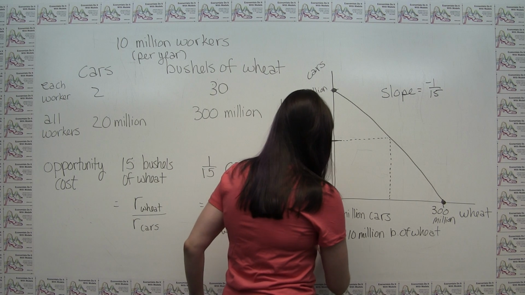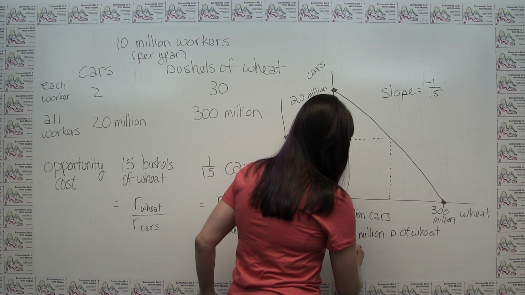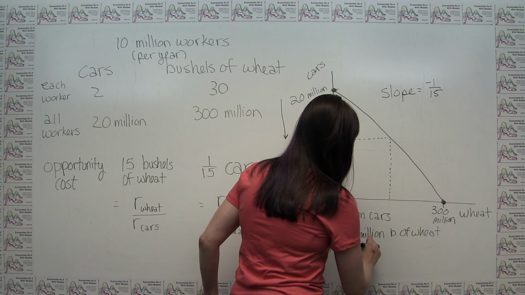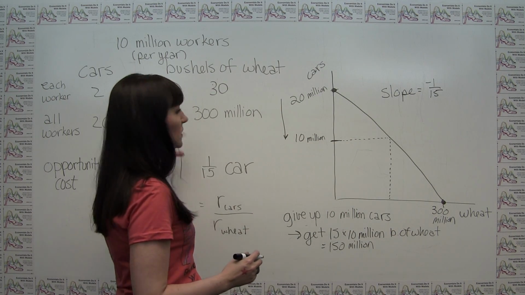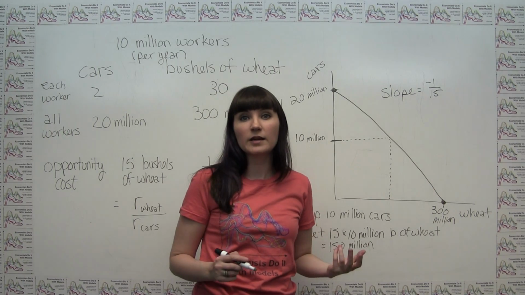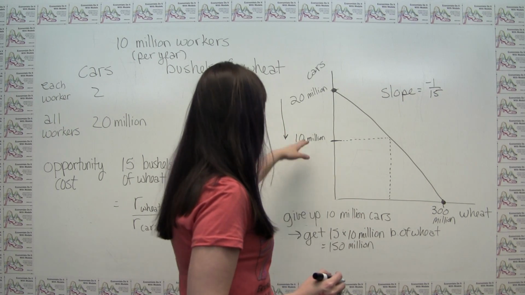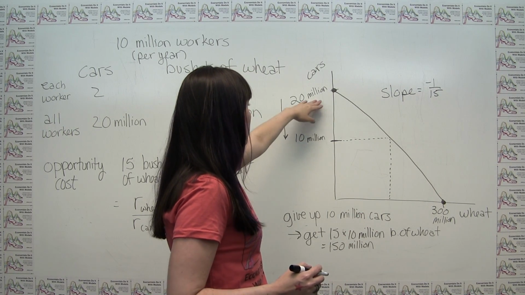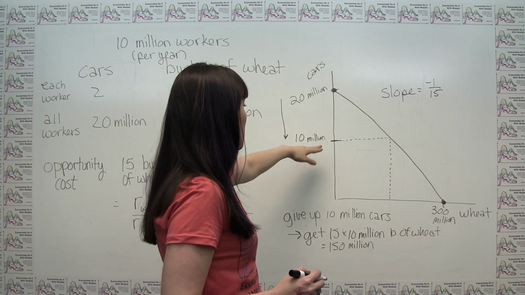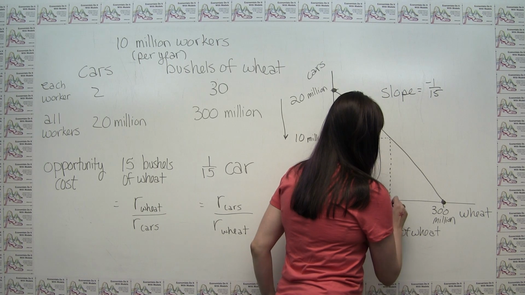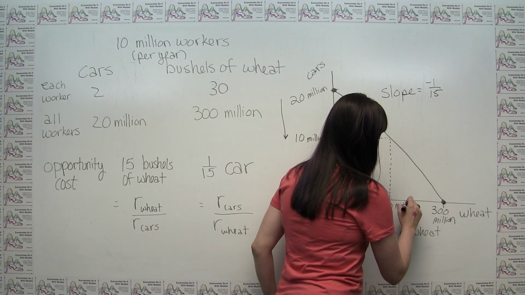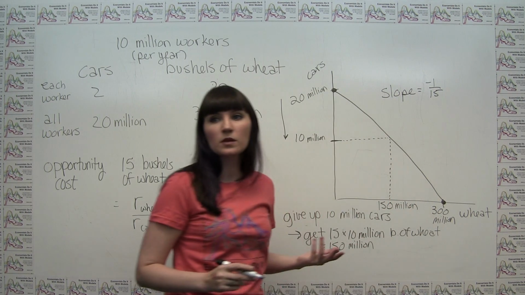And you'll notice that this is just 150 million bushels of wheat. So that tells us here, just looking at the opportunity costs and scaling that up, this tells us that if we go from 20 million to 10 million cars, we go from 0 bushels of wheat to 150 million bushels of wheat.